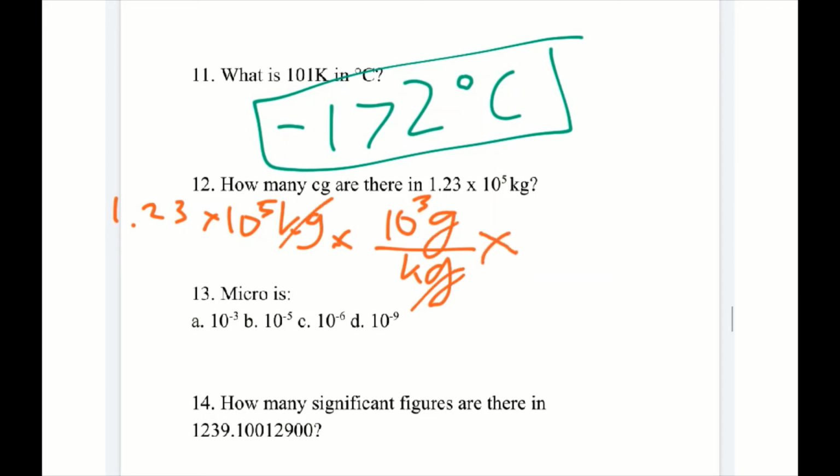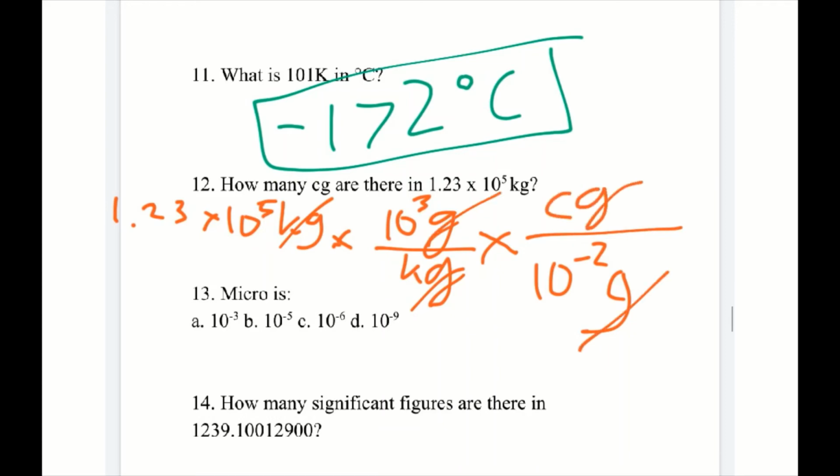So our kilograms cancel out, and now we need to convert grams to centigrams. So we know that 10 to the negative 2 grams is equal to 1 centigram. So we have our grams cancel out, and we are left with the unit centigrams, which is what we want.